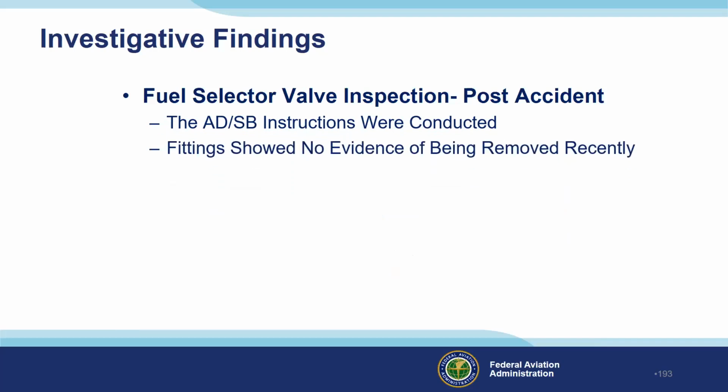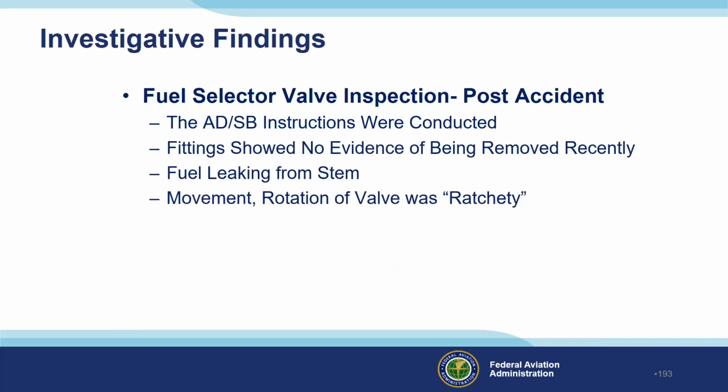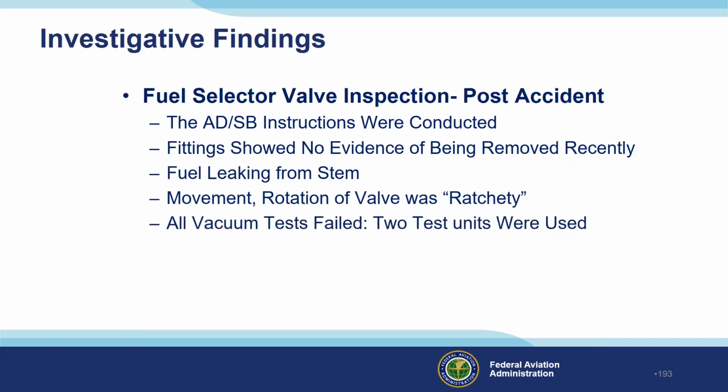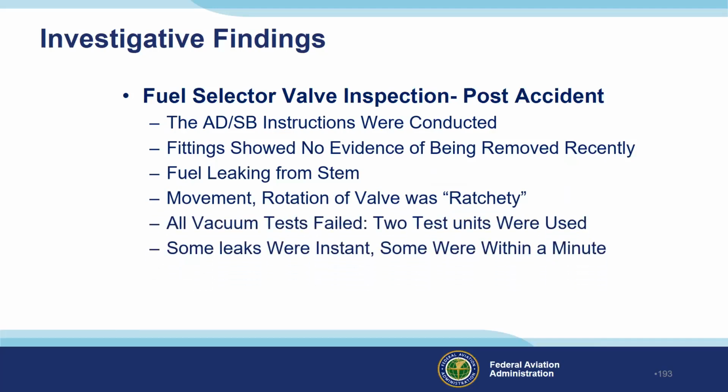So post-accident investigation of the fuel selector valve, they followed that service bulletin and they did the tests. They noticed that the fittings showed no evidence of being removed recently. There was fuel leaking from the stem and the movement and rotation of the valve was ratchety and all the vacuum tests failed.